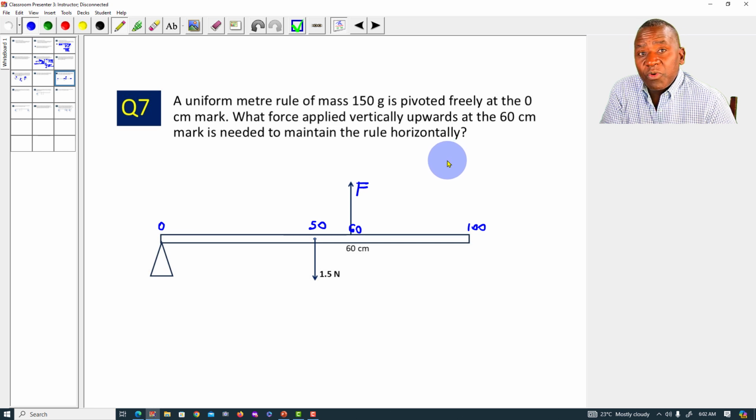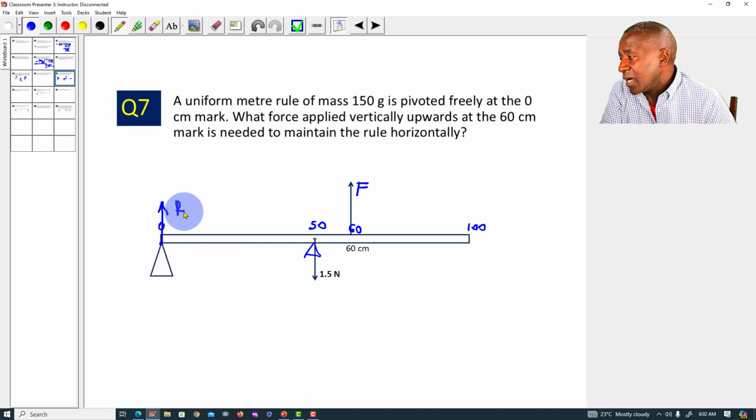So we apply the principle of moments. What is the best point about which to take moments? It's obvious, it's this point. Why? We want to get rid of the force which acts at this particular point. If we take moments about any other point, we must include this force. For example, if I put my pivot here, we'll have to think about the reaction force at this point, R, because R tends to turn the system clockwise about this point, while this one tends to turn the system anti-clockwise.